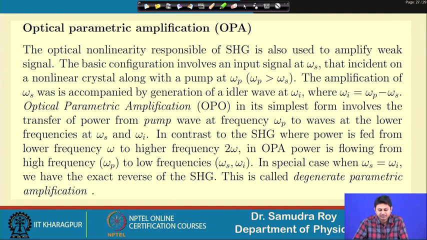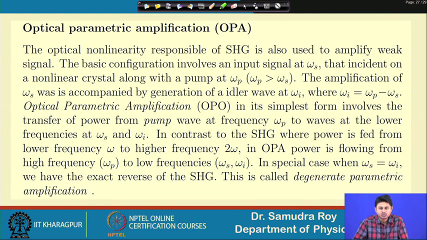then we find some sort of amplification for omega s. That means I am launching two fields in the input, one is omega p which we call the pump, a strong field, and with that we also launch another field we call omega s which is the signal, and pump and signal are now together inside the system, and now inside the system we have a nonlinearity.